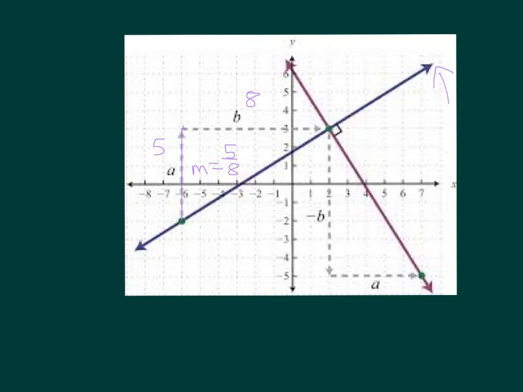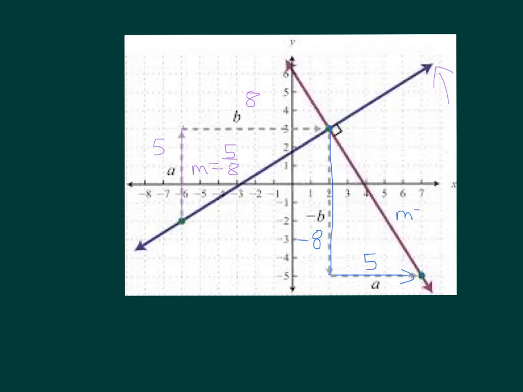Now the slope of the red line is going to be a negative slope because that line is going downhill. And the slope of that line, if we can find two good points on that line to measure it, we're going down 8, which we would show as a -8, and over 5 in the horizontal direction.